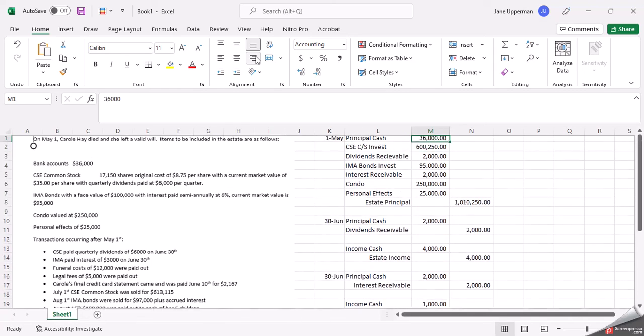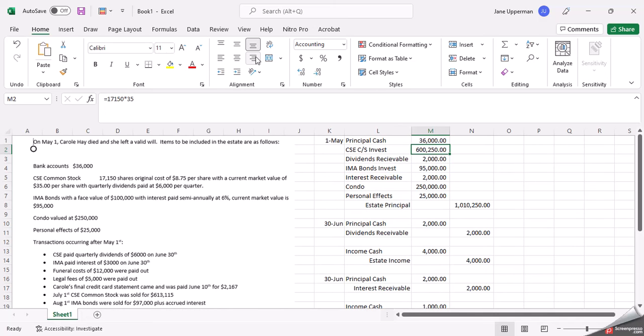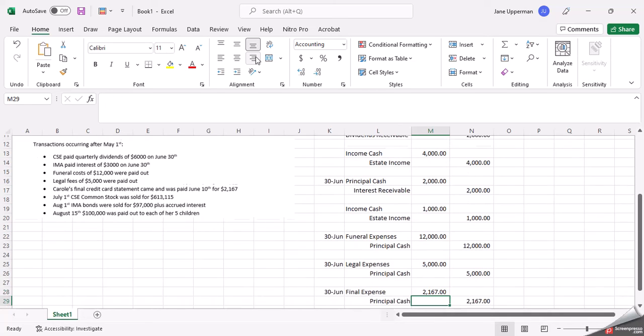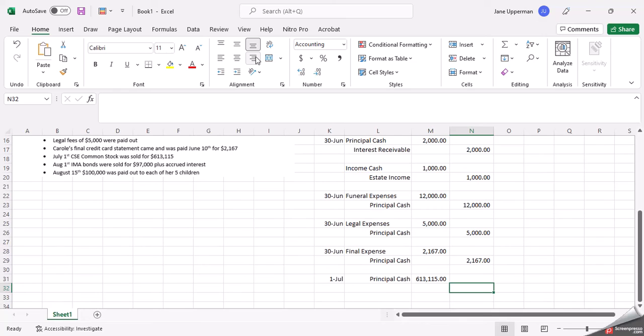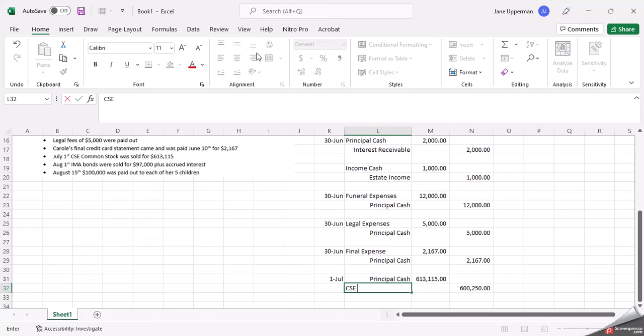All right, so we set it up for $600,250. Again, that's a credit because now we are taking that stock off of the books. This one's the debit.